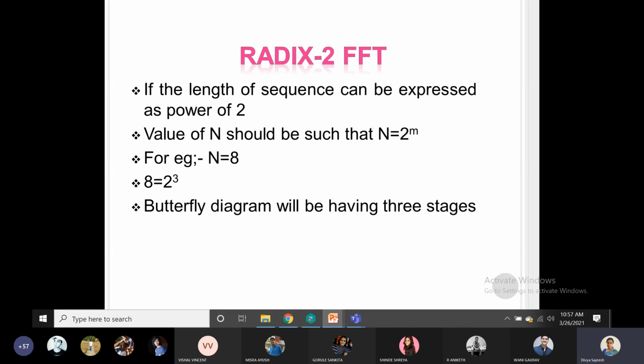That means N should be equal to 2 raised to m. For example, if I take N as 8, then I can write 8 as 2 cube. So if I am able to apply the algorithm for this kind of sequence, it is known as the radix 2 FFT.